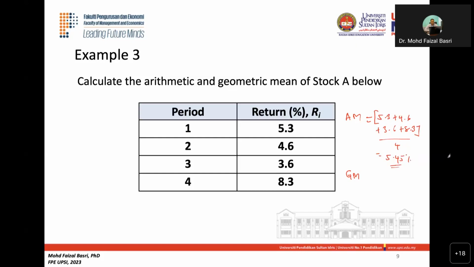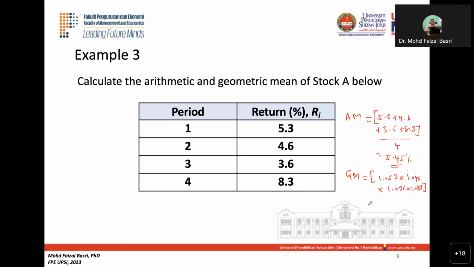Okay. And for the geometric mean, it will be 1.053 times 1.046 times 1.036 times 1.083.